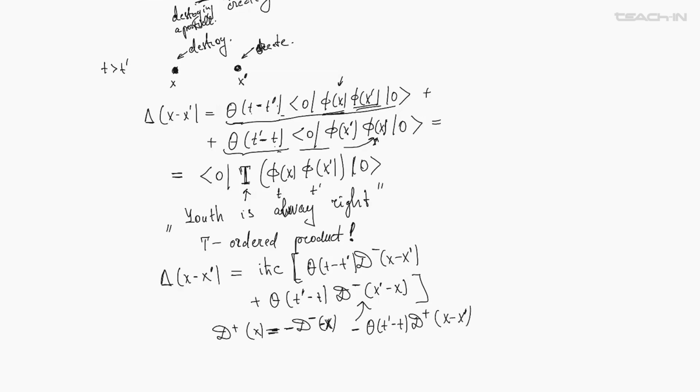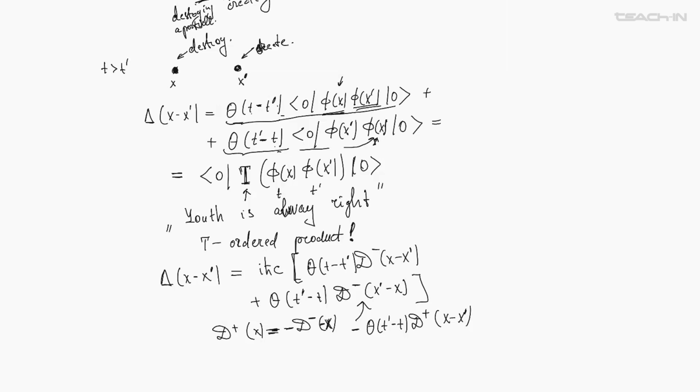Sorry to interrupt. Am I right that the scalar field is its own antiparticle, right? It depends. If it's a real scalar field, then this is the case. This is the real scalar field which we are discussing now.